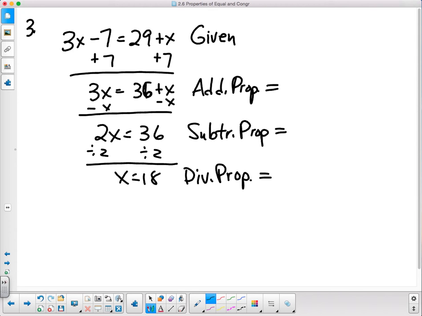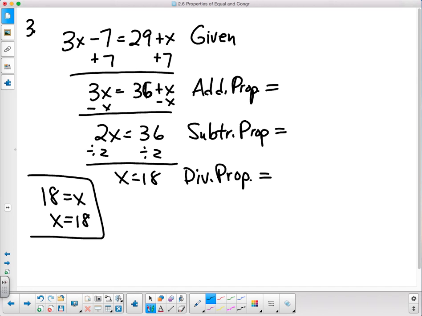Now, if you did some things in a different order, but you still ended up with x equals 18, you could have a correct solution, just a different process. At the end, if it had come up with 18 equals x, I want you to switch it to make x equals 18. If you have to do that, what allows you to switch it?